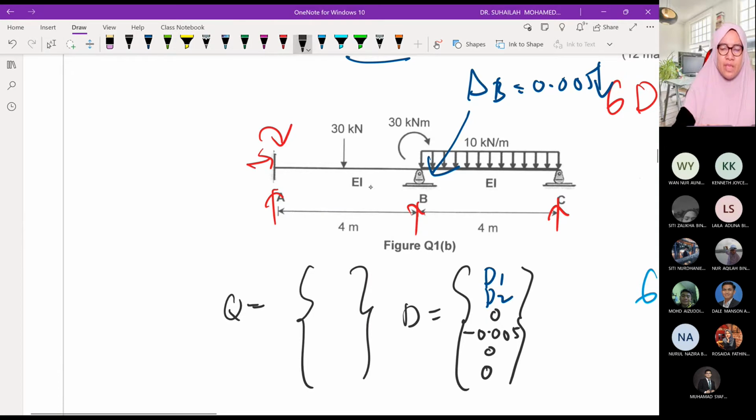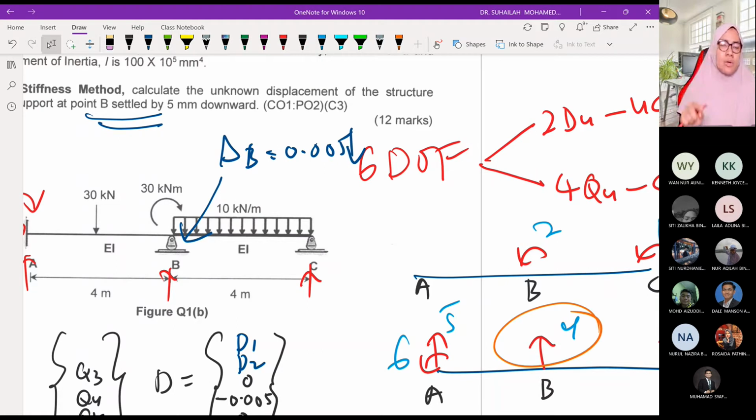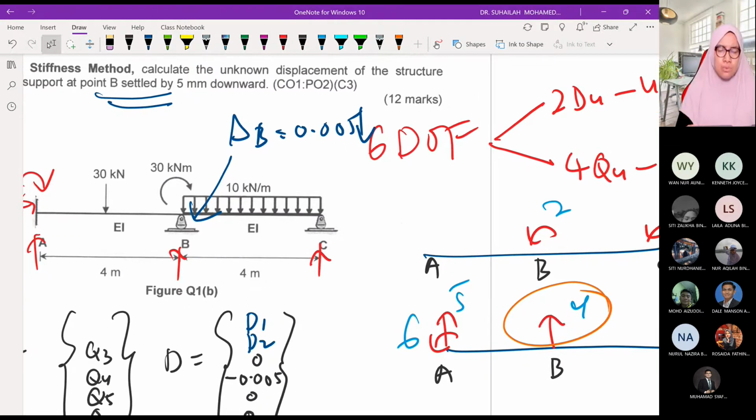Okay, then for Q we have Q3, Q4, Q5, Q6. 4 unknown reactions. Okay, Q1 and Q2. Q1 is moment, Q2 is moment. Same for Q1 and Q2, look at what we label at B. So at B, we label as 2. At position 2, at position B, this 30.